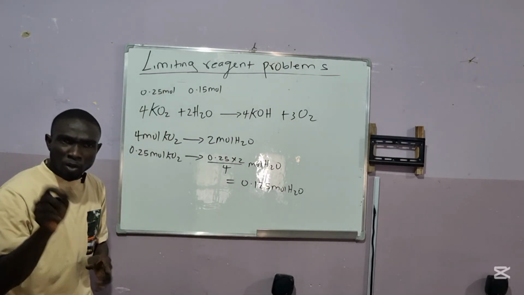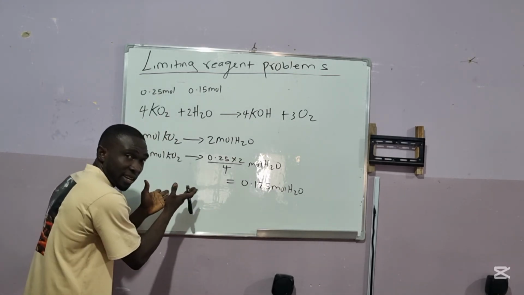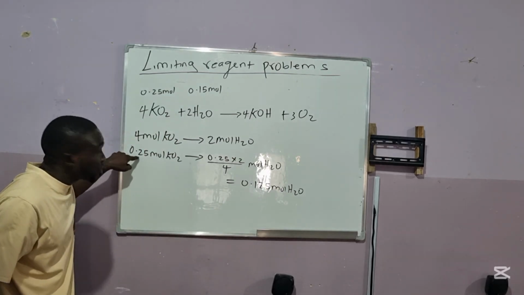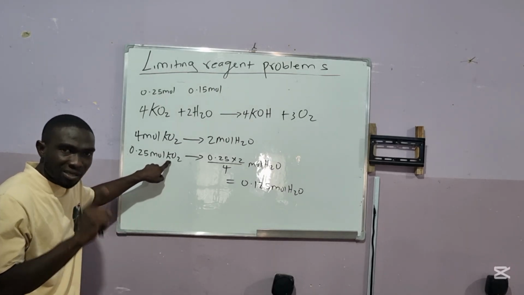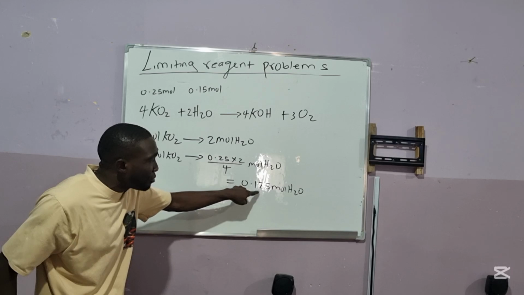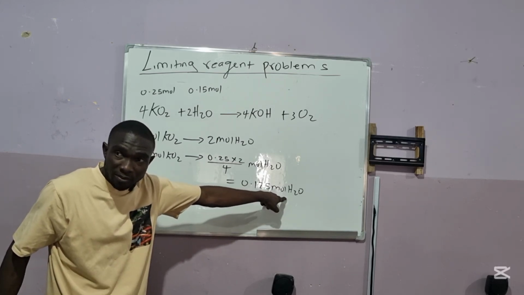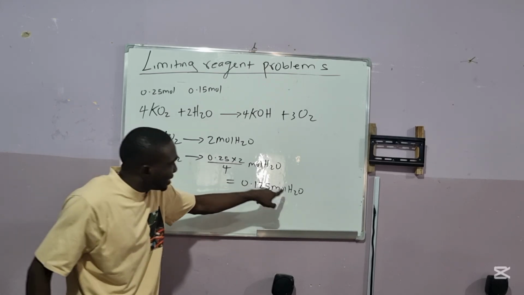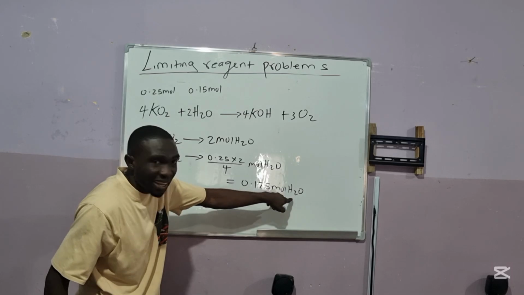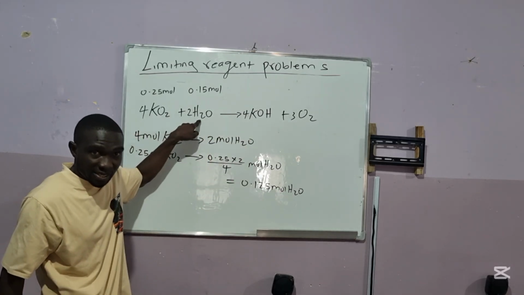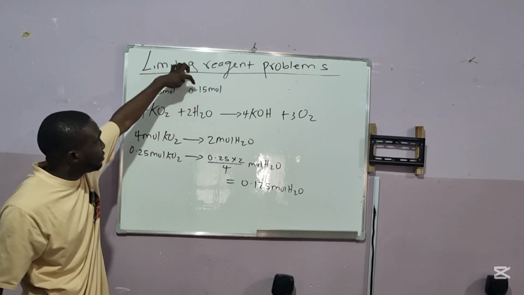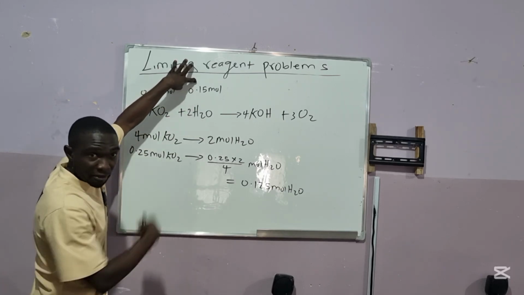Now check this out. You can see from this analysis that 0.25 mole of KO2 will only react with 0.125 mole of water. That tells you that this particular reactant is in excess, because the quantity originally given to us is 0.15.